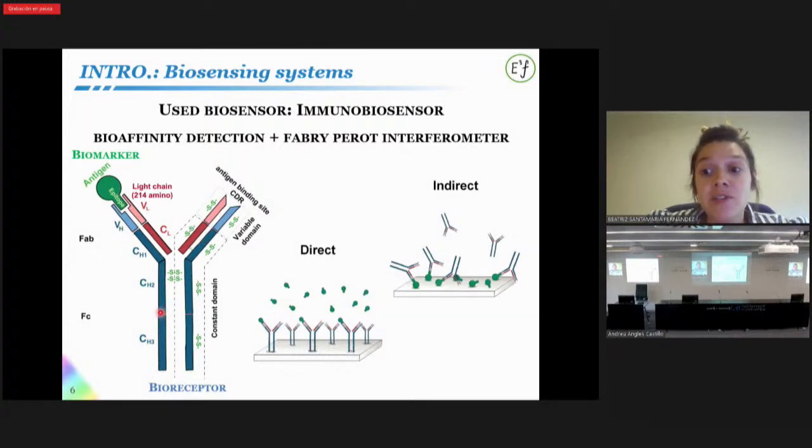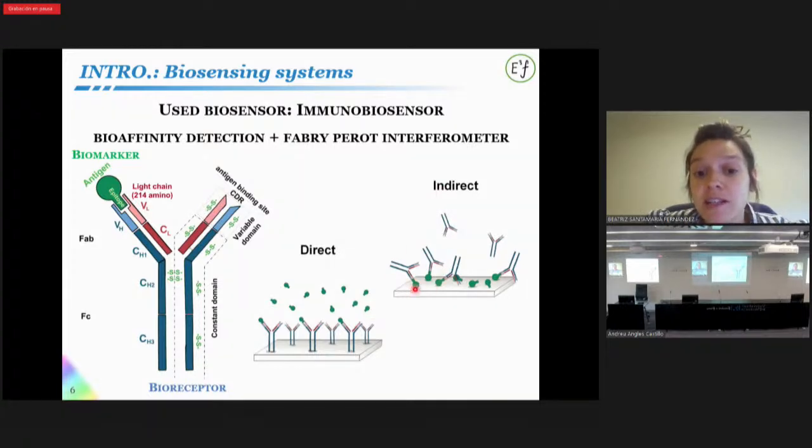This type of diagnosis is very, very reliable, since only a specific part of the antibody, the antigen binding site, recognizes a certain part of the antigen, the epitope. Depending on what is detected by the biosensor, a direct or indirect immunoassay is performed.